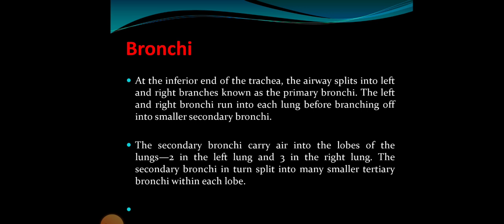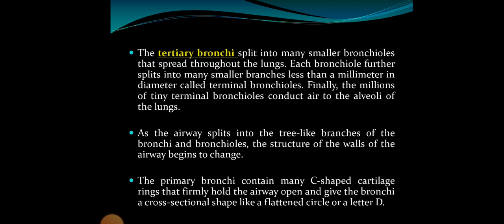The secondary bronchi carry air into the lobes of the lungs: 2 in the left lung and 3 in the right lung. The secondary bronchi in turn split into many smaller tertiary bronchi within the lobe.